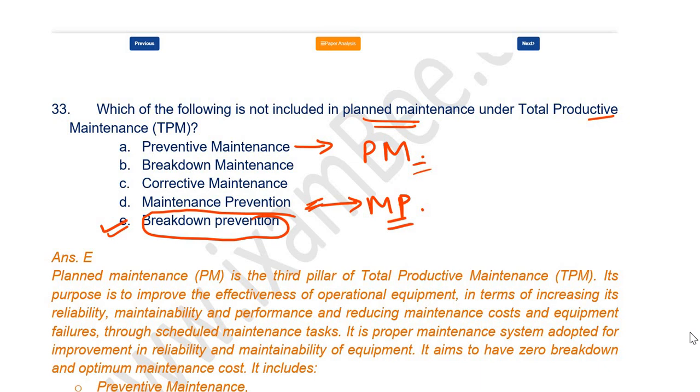What we mean by maintenance prevention is that when the machinery is brought in, at that time you are installing it, servicing it in such a manner that the maintenance of it is not required very frequently.